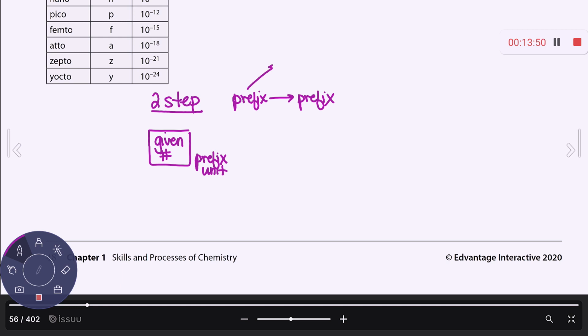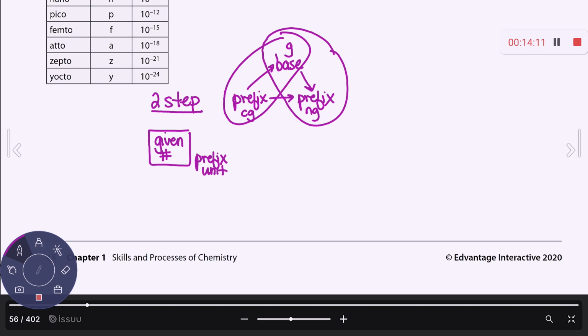So we would have to go back to the base unit first and then convert from the base unit to the prefix. Okay, so for example, centigrams to nanograms, I can't do that in one step. I would have to go from centigrams to grams because that's this base unit here, and then grams to nanograms. So this would be step number one, and then this would be step number two.